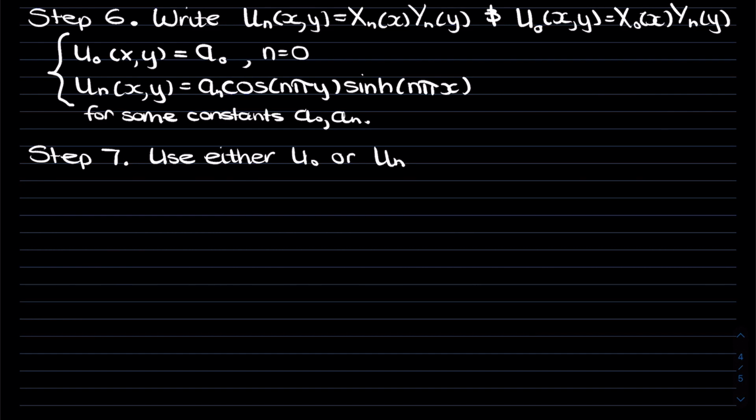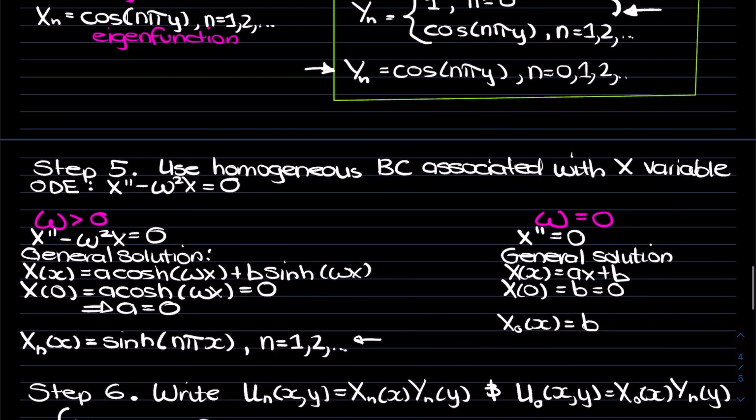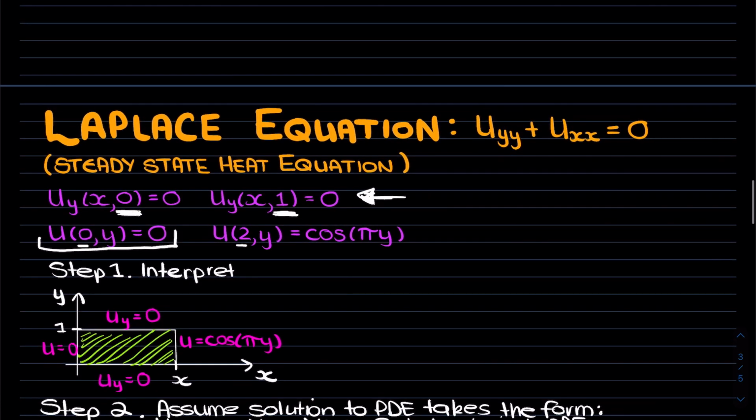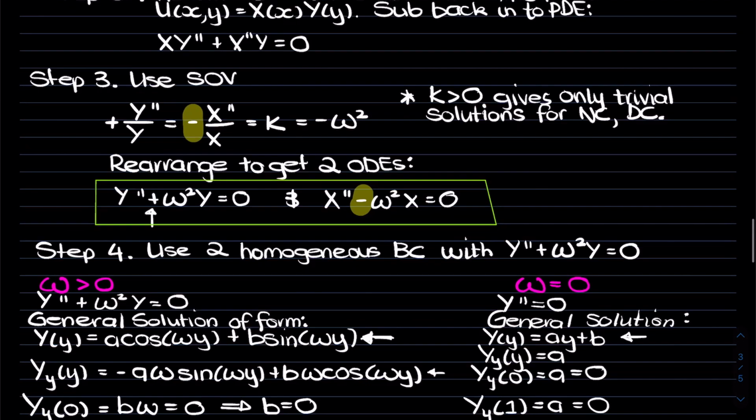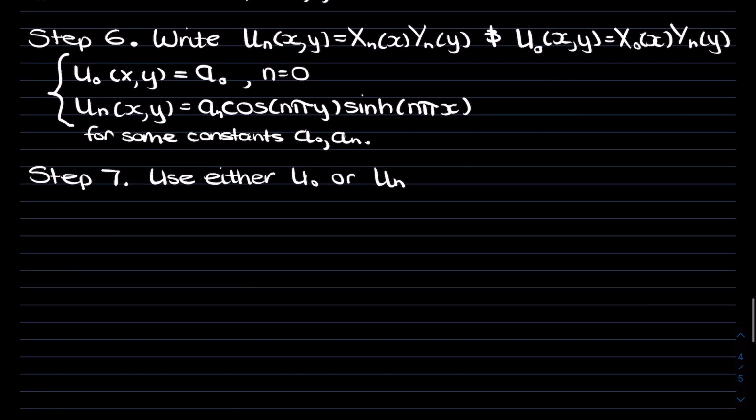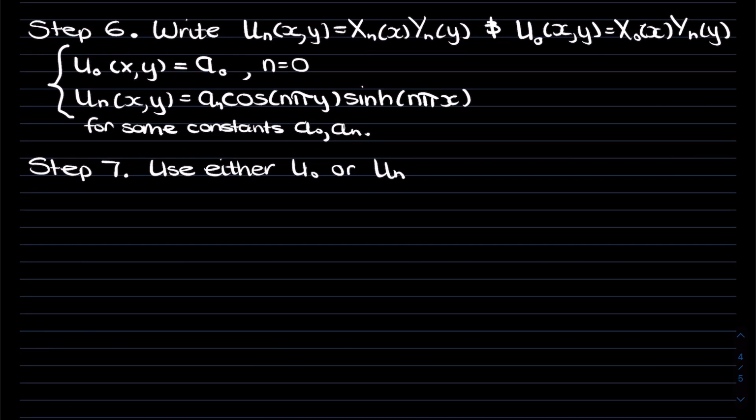In some cases you'll have to use both, but in our particular case it will just be one, and that's because we've just got one term in our non-homogeneous boundary condition here. If we had something like 1 plus cosine pi y, then we would need to use both the U0 and the U_n case and the superposition principle. Maybe see one of my other videos for that if you're interested. I'll put the link up now.